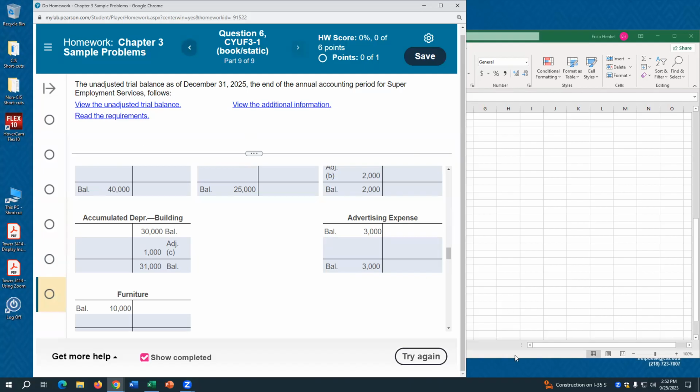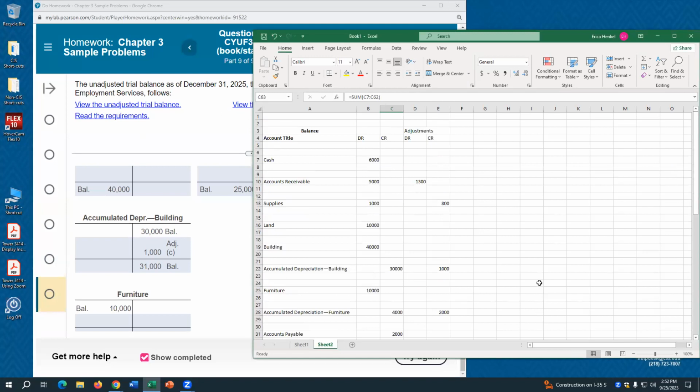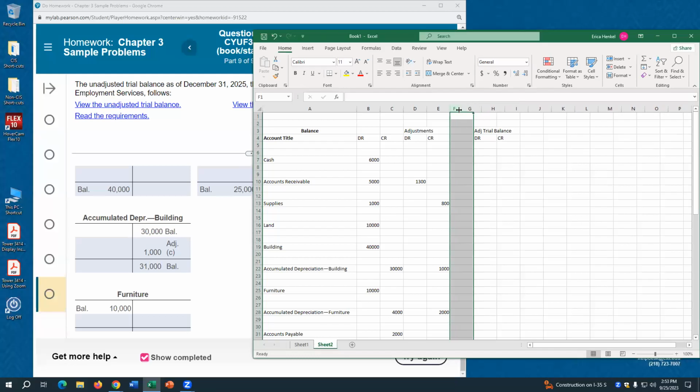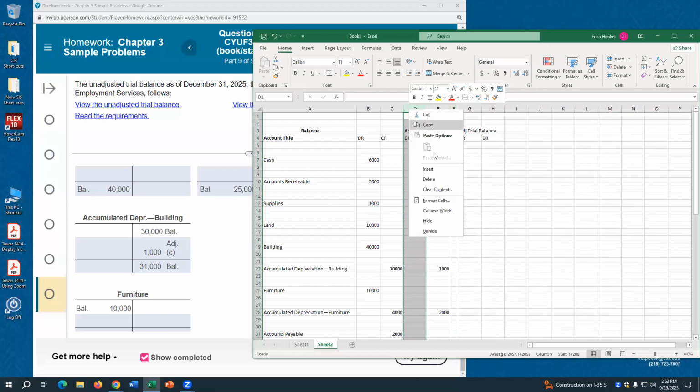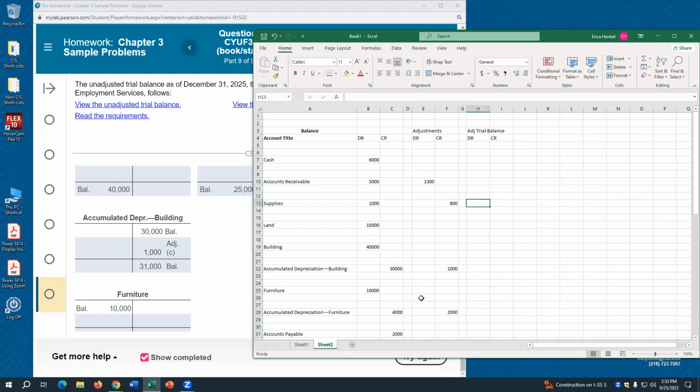Okay, so once we have that, then we need to do our columns for our adjusted trial balance. So we're gonna again have debits and credits there. I'm just gonna add a little tiny mini extra column there just to differentiate these so we can see the space between, just to help break that up a little bit.